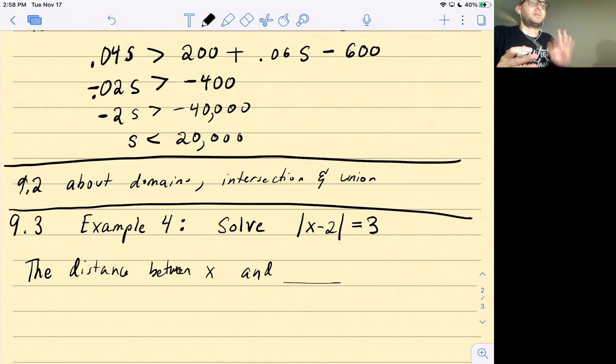If it was x plus 2, remember that would be x minus -2, and then it would be the distance between x and -2. But if it's just the absolute value and there's a minus sign there, then it just means this is how far apart those two numbers are. The equal sign means it is 3.